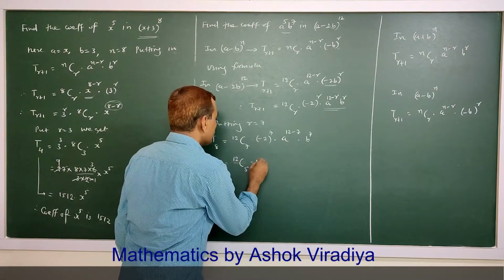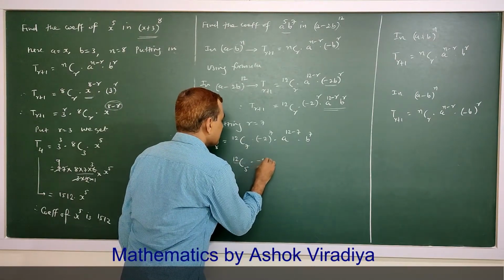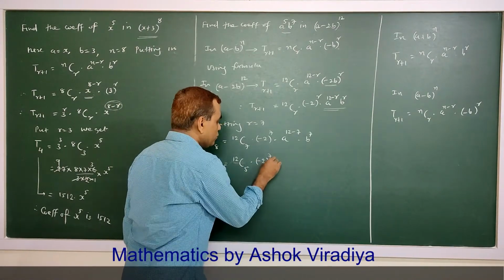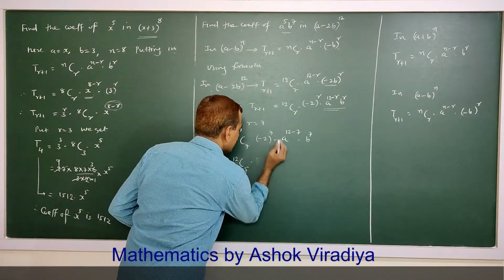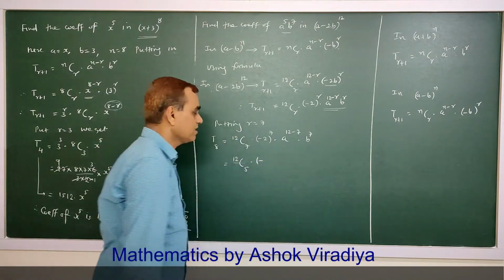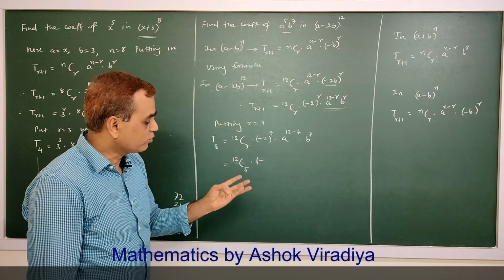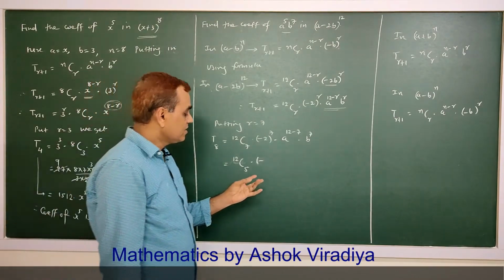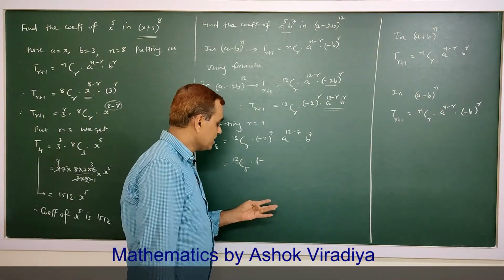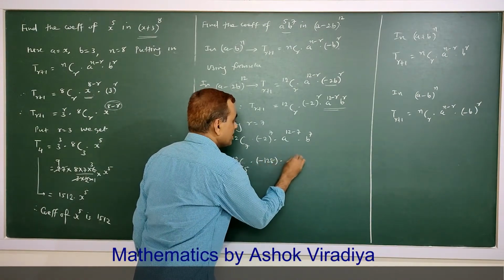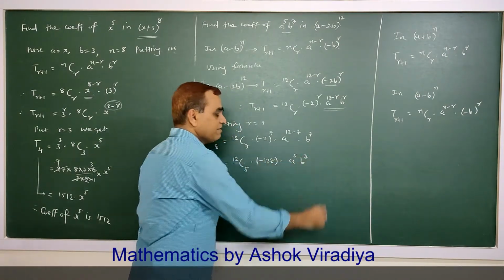Here minus 2 raised to 7, I keep as it is. Or we can calculate 2 raised to 7, odd power, so the product will be negative. 2 into 2, 4 into 2, 8, 16, 32, 64, 128. 128 into a raised to 5, b raised to 7.